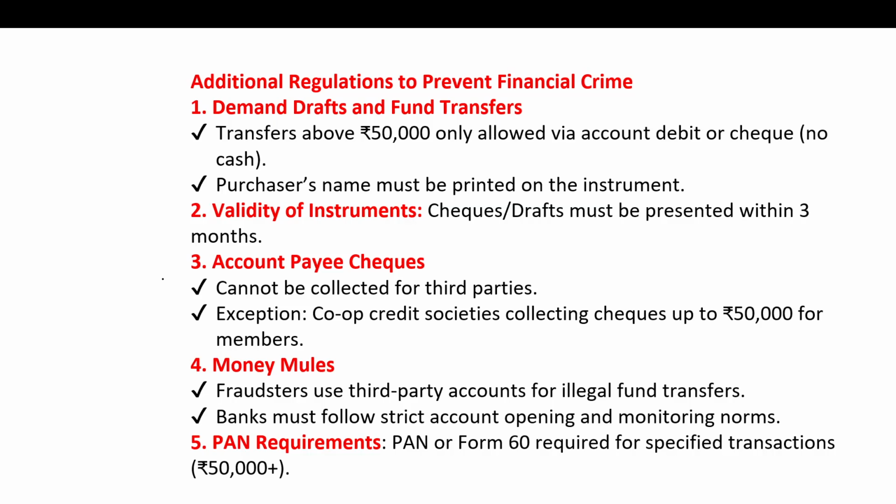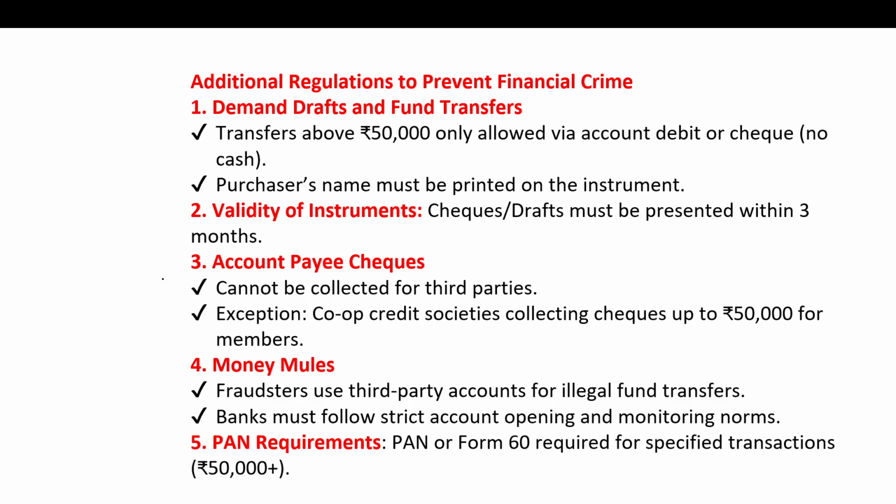Account payee check must be deposited only in the payee's account. There is an exception though. Cooperative credit societies can deposit up to 50,000 in accounts of their members. Money mules are innocent people's accounts, you can say. They may or may not know what they are doing.